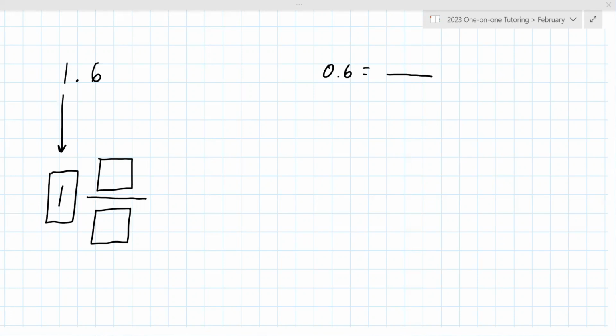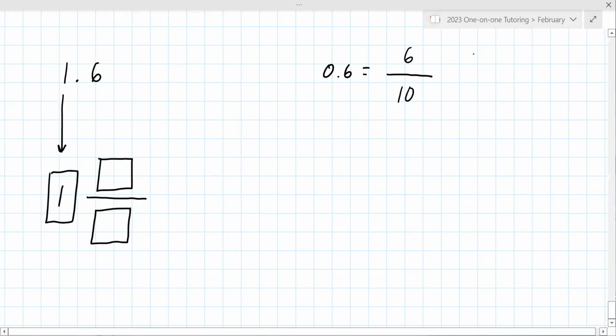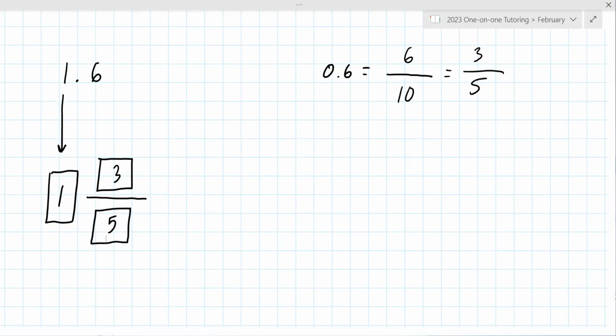Yeah. Okay, so give me the reduced form. What's the reduced fraction? 3/5. 3/5, good. Okay, let's go to the next section here and see what else you guys are working on.